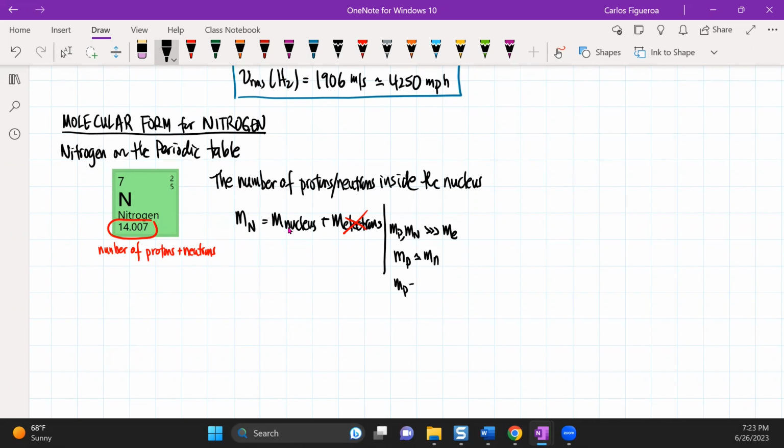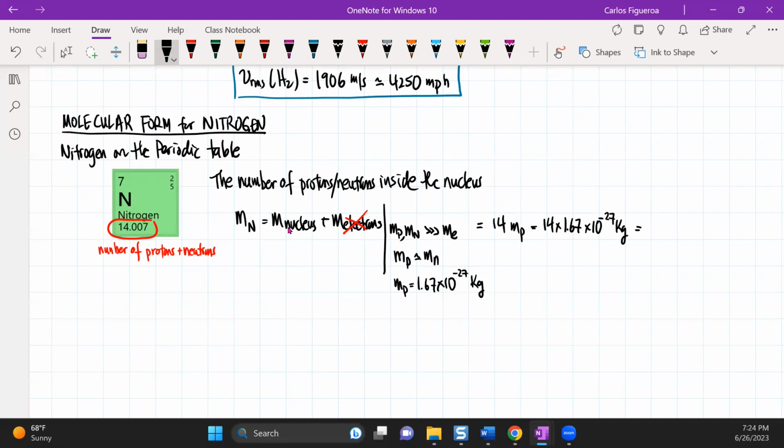So now if I look at the mass of the proton, it turns out to be 1.67 times 10 to the minus 27 kilograms. So if I have nitrogen, then I'm going to have 14 masses of the proton, which means this is going to be 14 times 1.67 times 10 to the minus 27 kilograms.